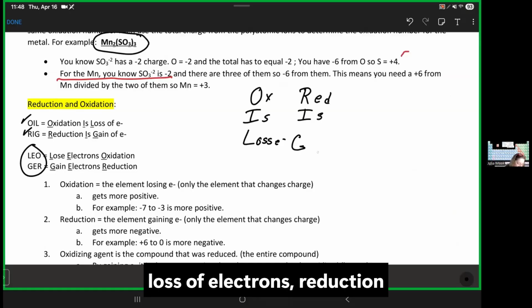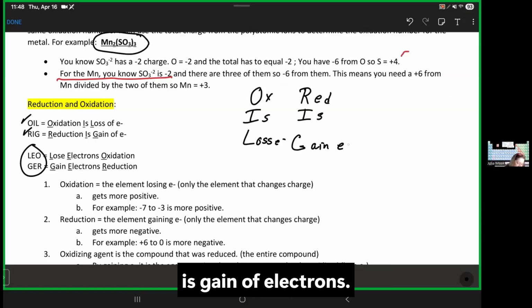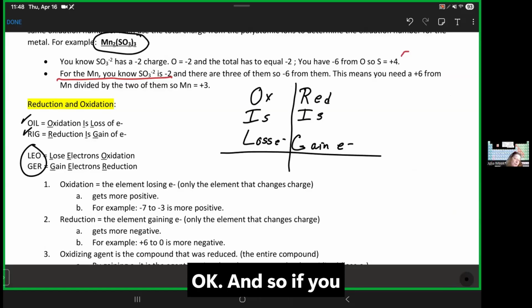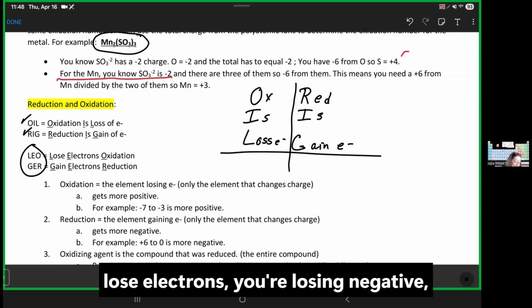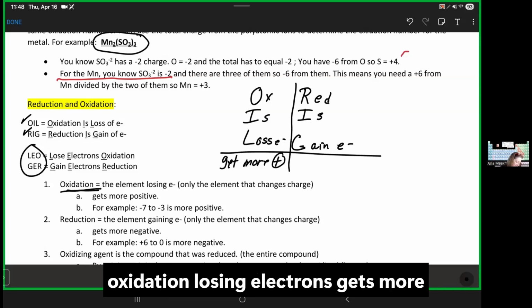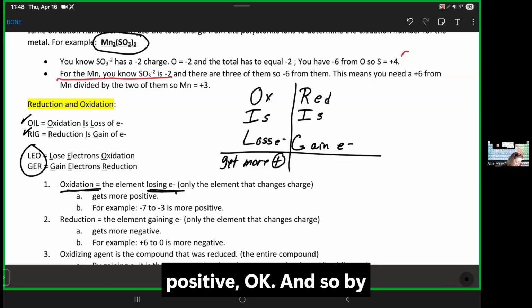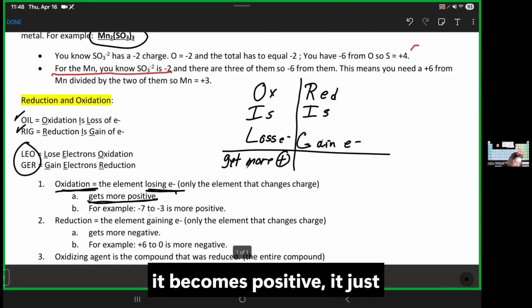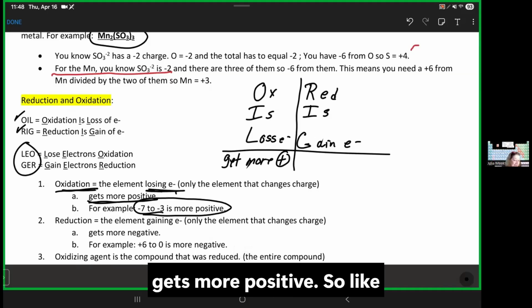Reduction is gain of electrons. And so if you lose electrons, you're losing negative, so you're going to get more positive. So oxidation, losing electrons, gets more positive. And by more positive, I don't mean it becomes positive. It just gets more positive.